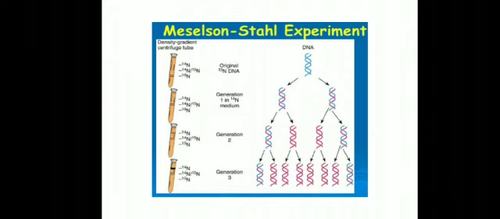So they concluded that if the model were dispersive, then all of the bands would show one uniform intermediate density, but you would never find the heavy or the light pattern. So this model is not true. If it were conservative replication, we would find one heavy and one light band distinctively.